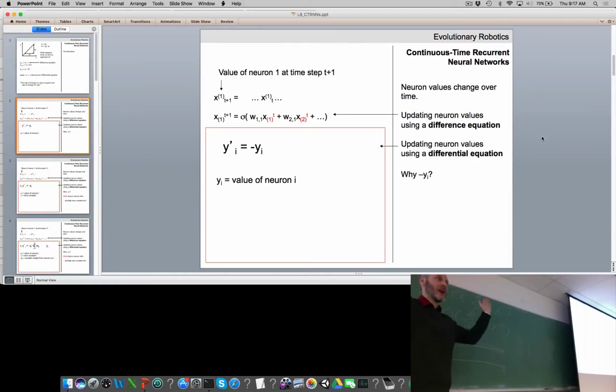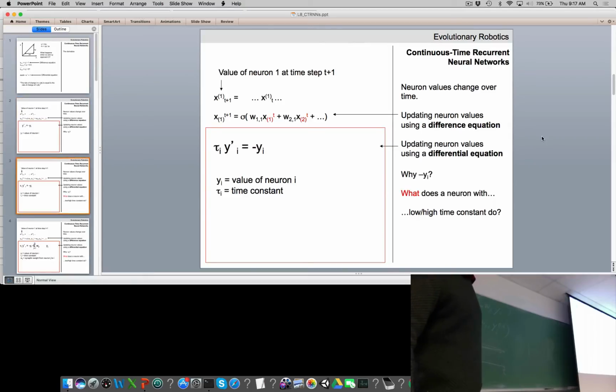It says nothing's going on, I'm just going to decay back to some default value. It won't stay at its initial value. Biological neurons do the same thing. If they don't get any influence from outside, from neighboring neurons along incoming synapses, the neuron will relax back to some default state. That's what the minus y sub i is doing here.